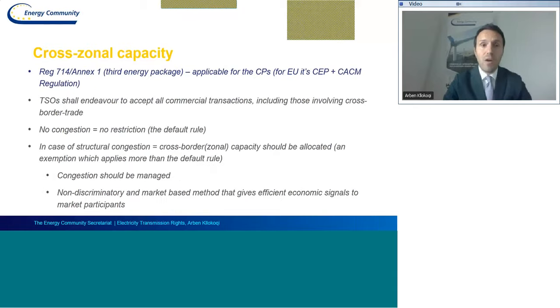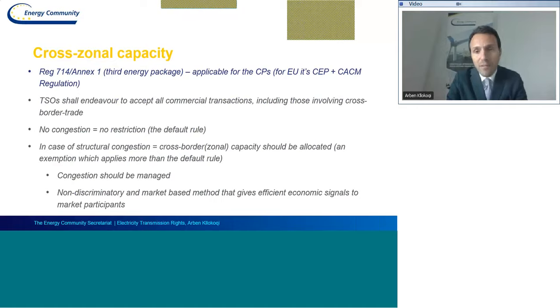Now, with regards to cross-zonal capacity, in the energy community we have the third energy package, so Electricity Regulation 714, binding. And we expect, of course, to have the Clean Energy Package, Electricity Regulation and Directive also coming in the energy community, since they are already applicable and effective in the EU.